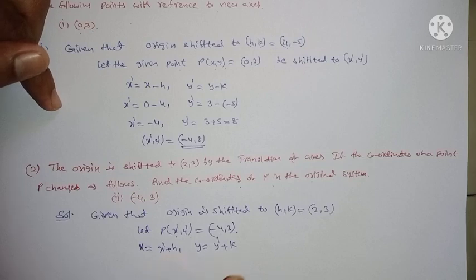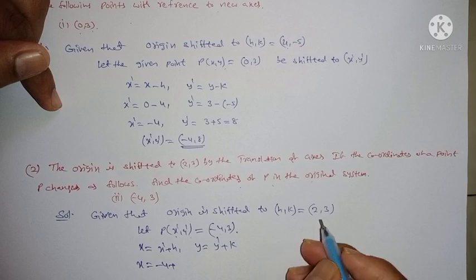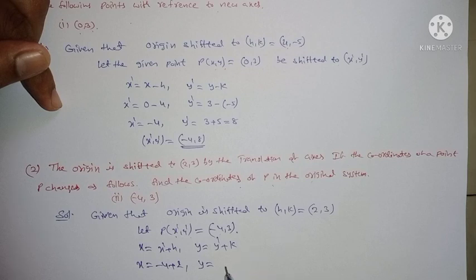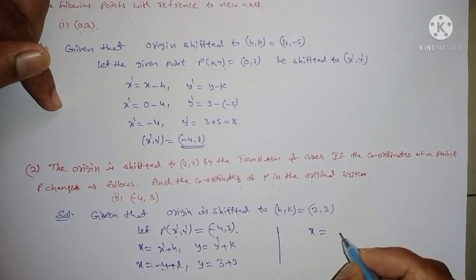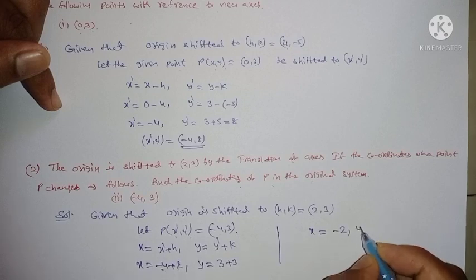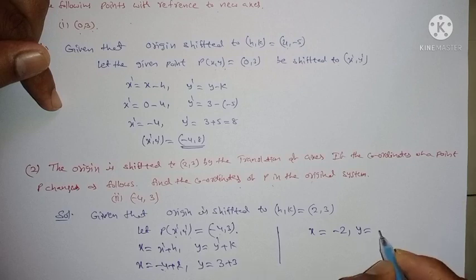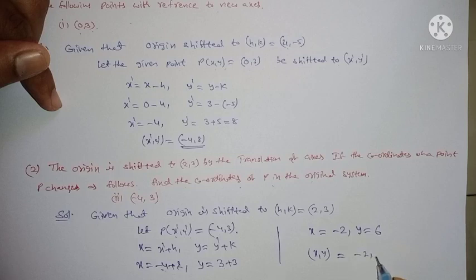Substitute the values of x', h, y' and k. x = x' + h = -4 + 2 = -2, and y = 3 + 3 = 6. Therefore, (x, y) = (-2, 6) is the answer.